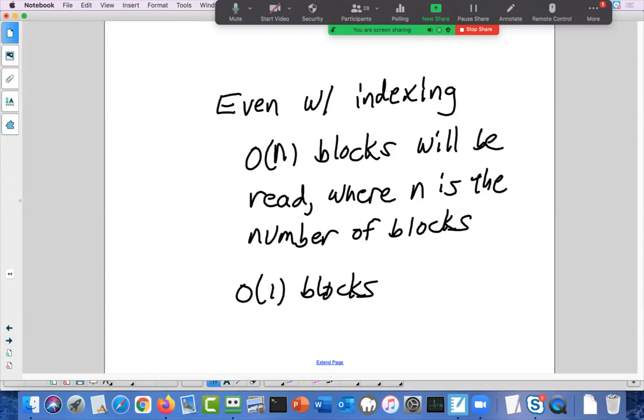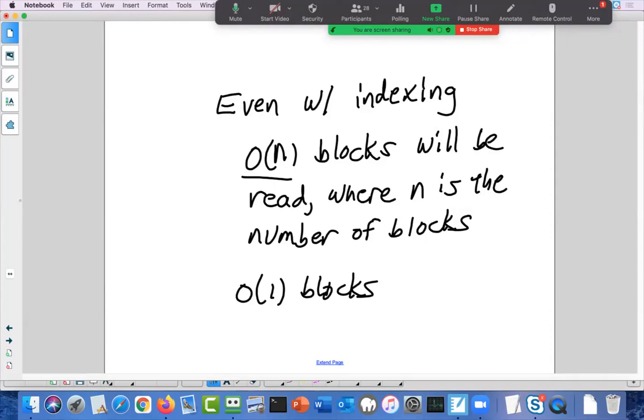And in this case, where indexing still essentially results in your reading almost the entire file, that hasn't really done you any good. Remember, it's not free to read blocks from an index. Many indices cannot be stored completely in memory.